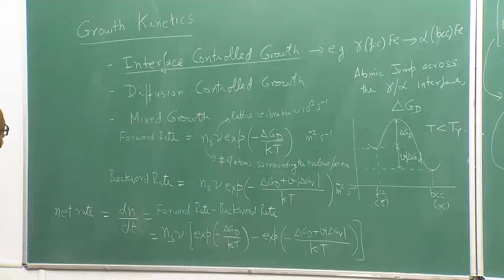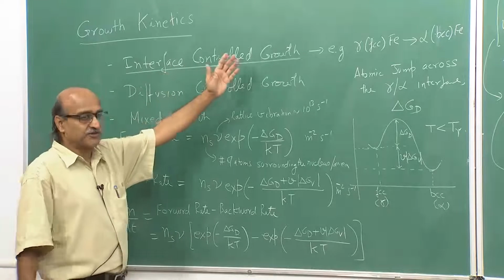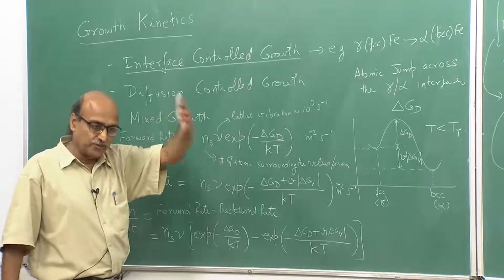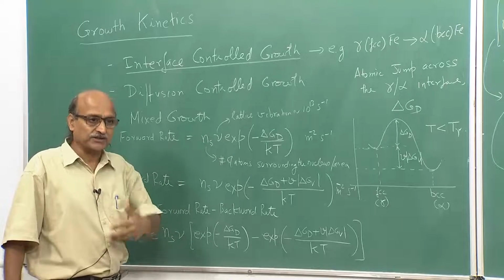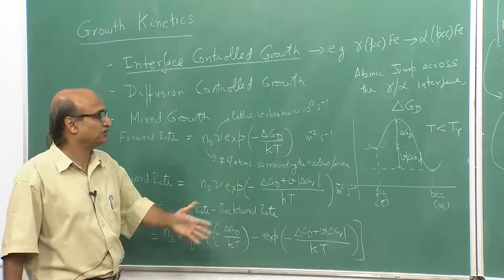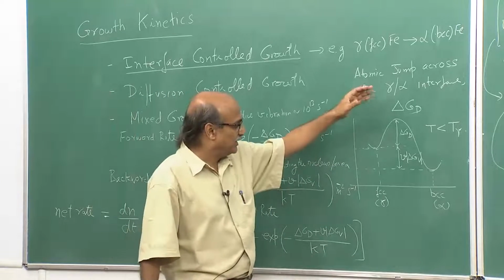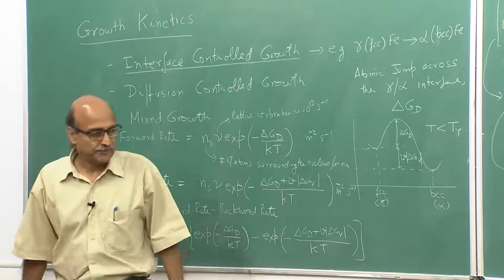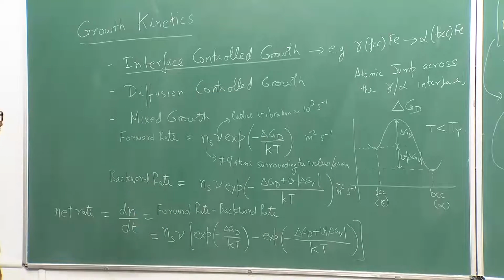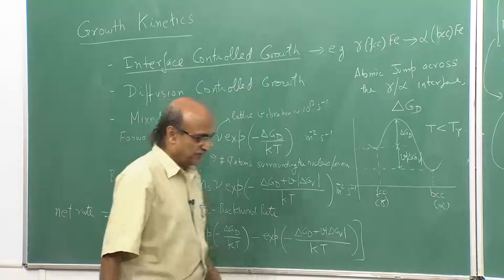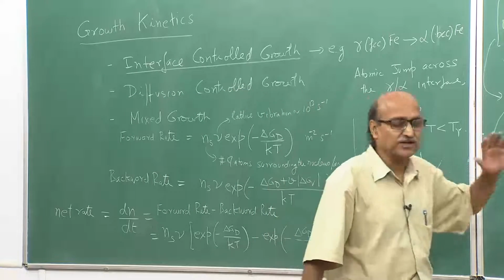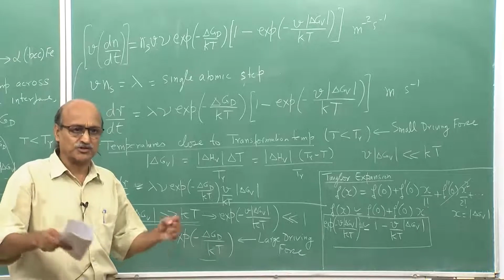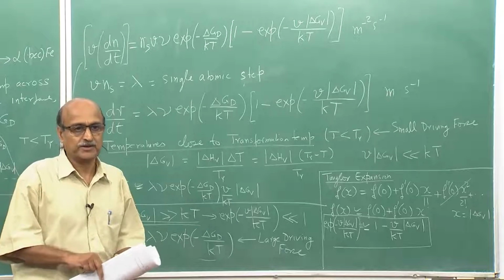Then in that case also one would get interface controlled growth, even though there would be diffusion involved, and we can say that the growth rate would be a constant for given undercooling.